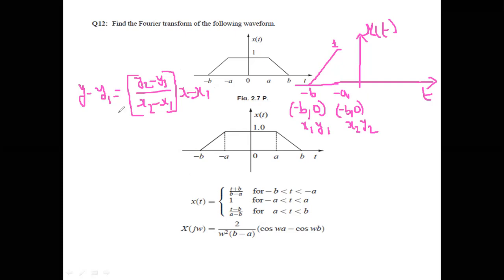What is the y here? y is the x of t signal. x of t minus, what is y1? See, y1 is 0 here. What is y2? y2 minus y1 is 0.